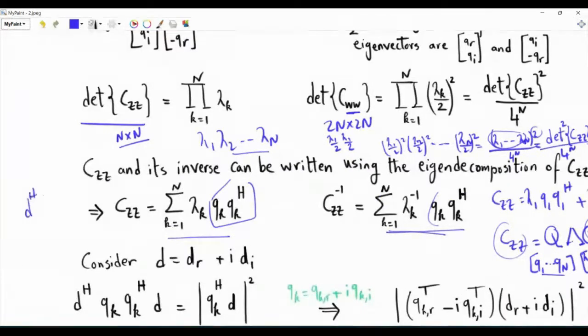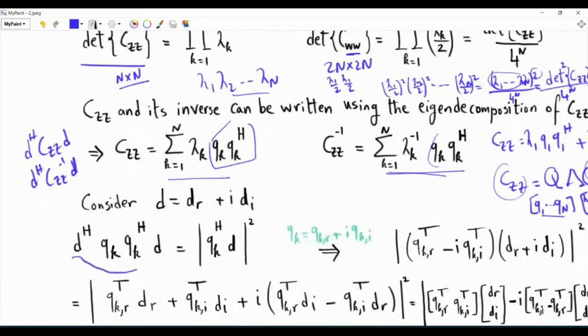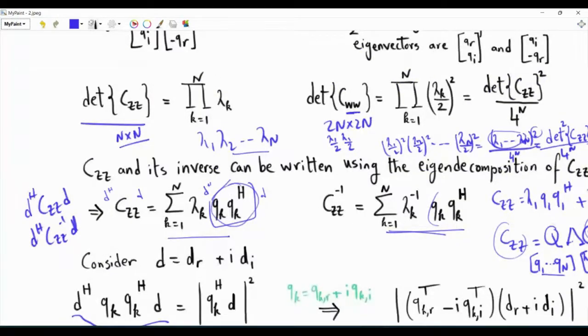So we will take D Hermitian CZZ D, or D Hermitian CZZ inverse D. When we do this, D Hermitian will be multiplied by QK Hermitian, and from the other side we will have D. We want to investigate this quantity, and whether it can be rewritten in terms of CWW, so that we can do the substitution and replace the stuff related to CWW in the PDF and CF expressions by mu Z and CZZ. Okay.